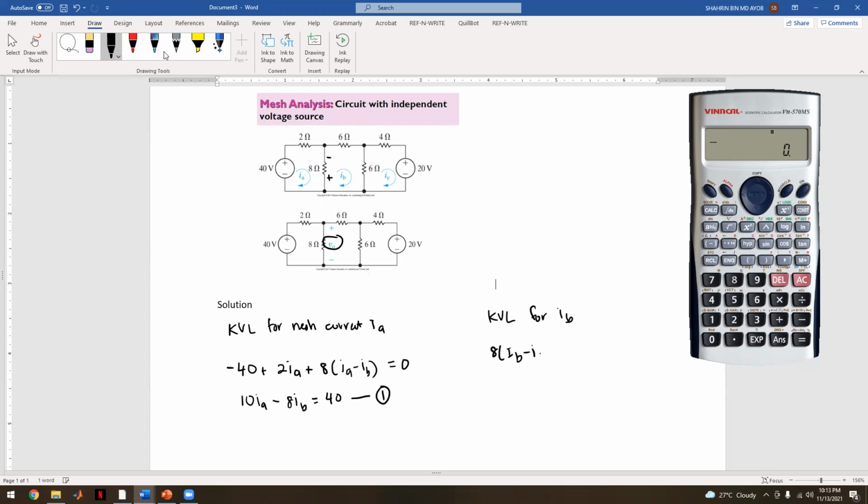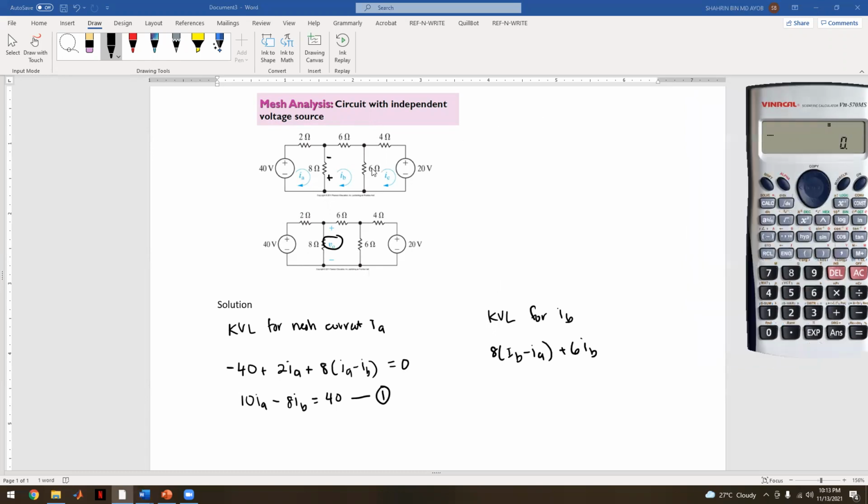So (IB minus IA) times 8 plus 6 IB. And then as you can see, for another 6 ohm here, we have IC also, and the current must enter this positive terminal. So meaning that this one is 6 (IB minus IC), and this one is equal to 0.